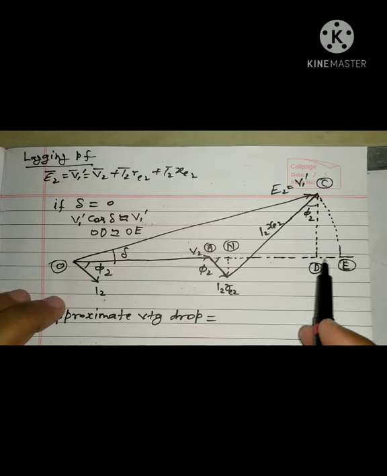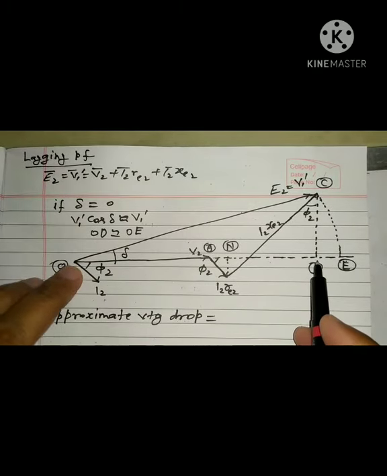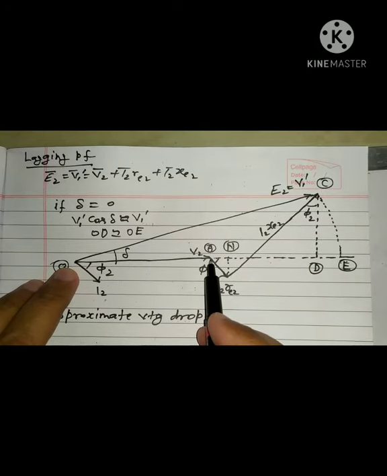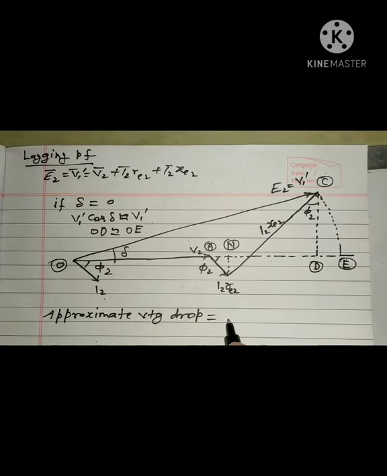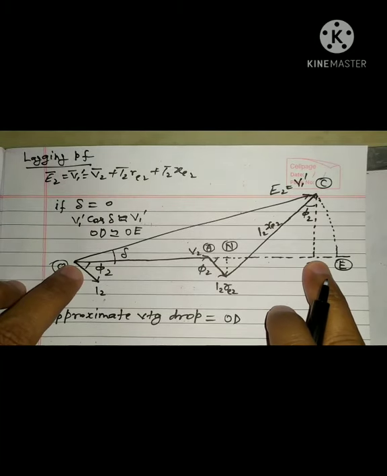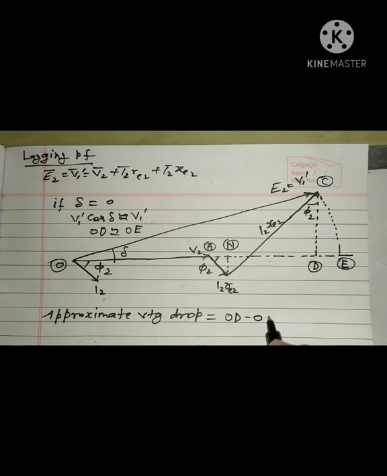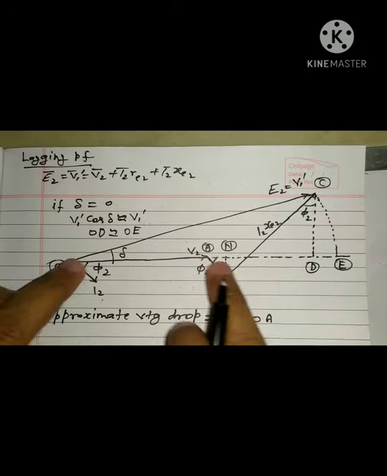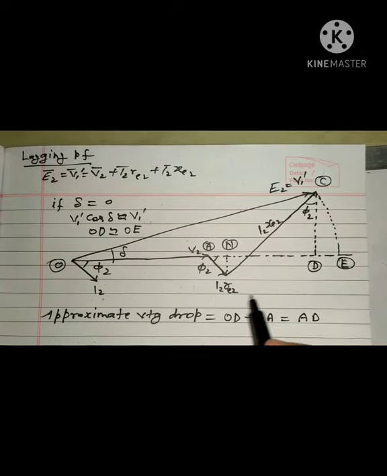So this much is neglected, which is the approximation. Therefore OD voltage is supplied, but at load only OA voltage is available. So the drop will be AD. Therefore the approximate voltage drop is the supplied voltage minus load voltage, OD minus OA, which is nothing but AD. Let us find AD.